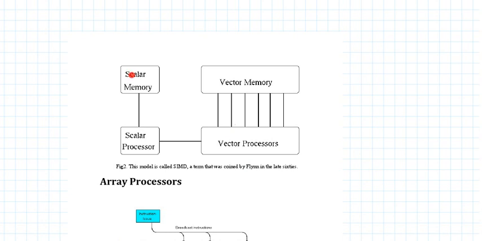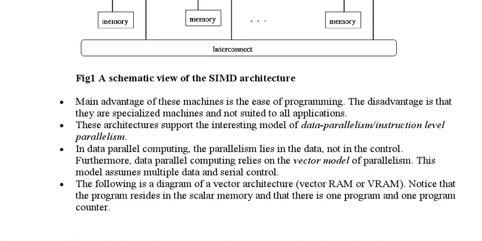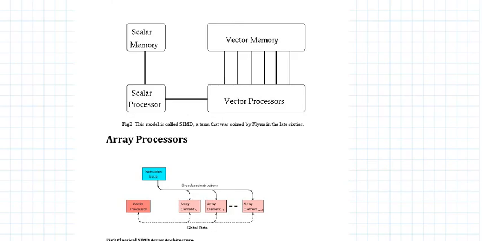You have a scalar memory, then you have a scalar processor, then you have a vector processor. That means different processing elements are embedded into this processor segment. Now, if you have a scalar type of instruction like this, you will route that instruction to the scalar processor segment.